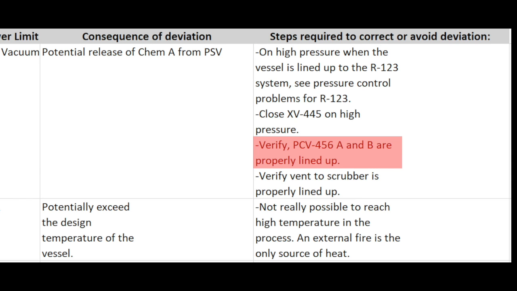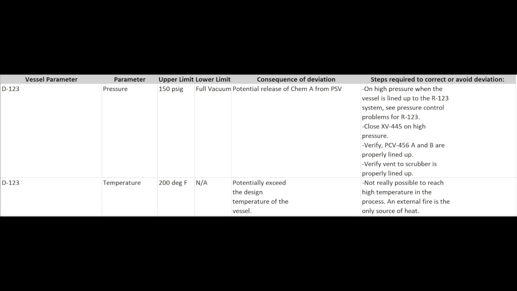Also, you want to verify the PCVs are properly lined up. That's on our nitrogen line for the system. We pulled that from operations. We didn't talk about that in the PHA. But we did talk about the system being normally lined up to the vent scrubber. So one action there in our table is verify that the vent scrubber is properly lined up in the system. So this is just an example of how you can take a tool.